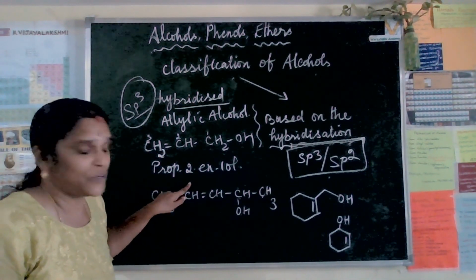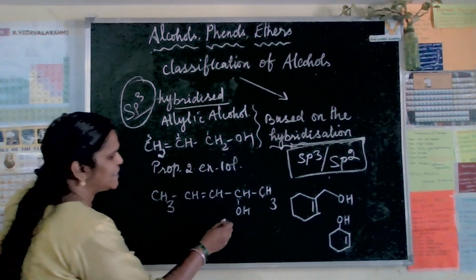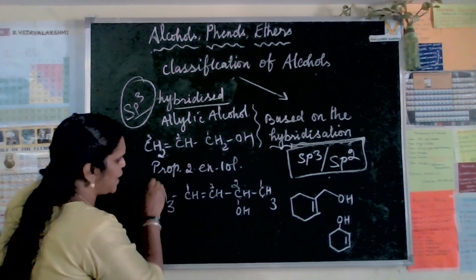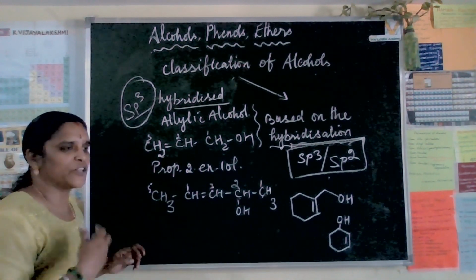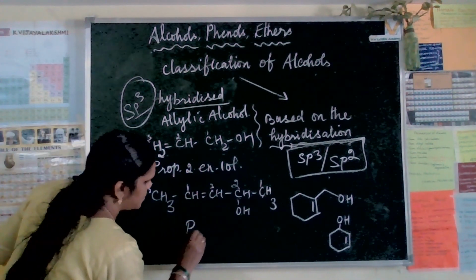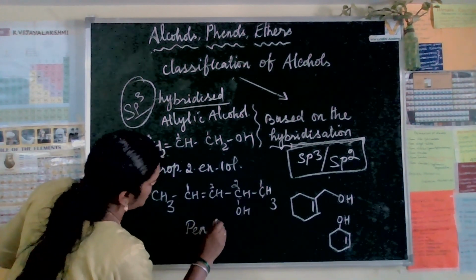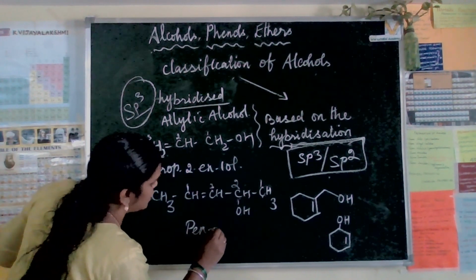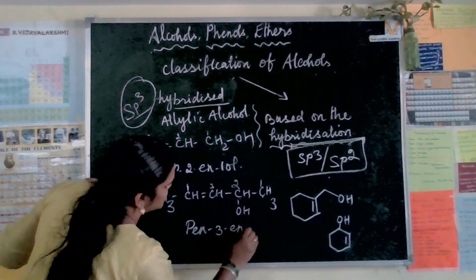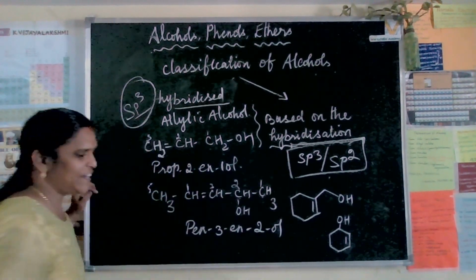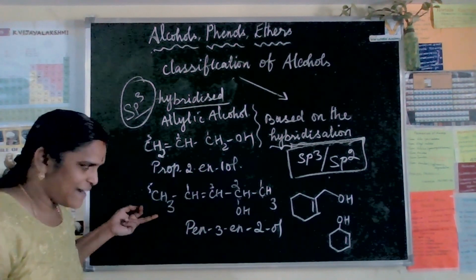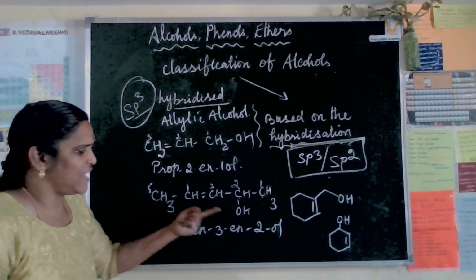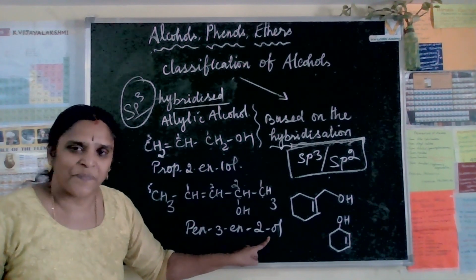The third one, 1, 2, 3, 4, 5, is pentane, so pent-3-en-2-ol; the third carbon is attached with the double bond. Got it? So according to the parent name first, then the carbon that has the ene, and first priority for the functional group.